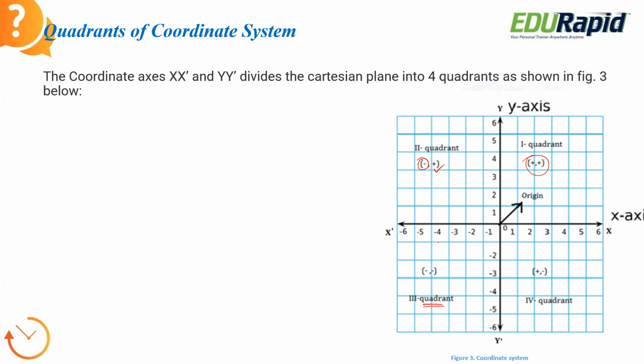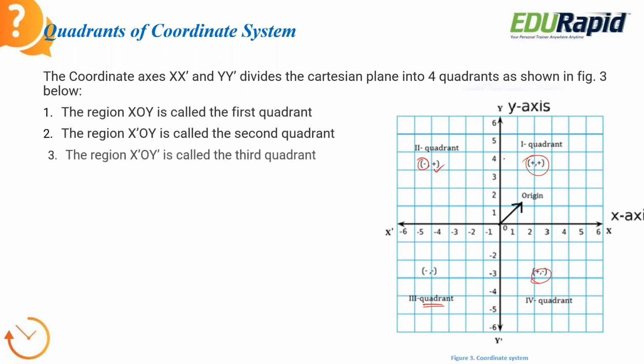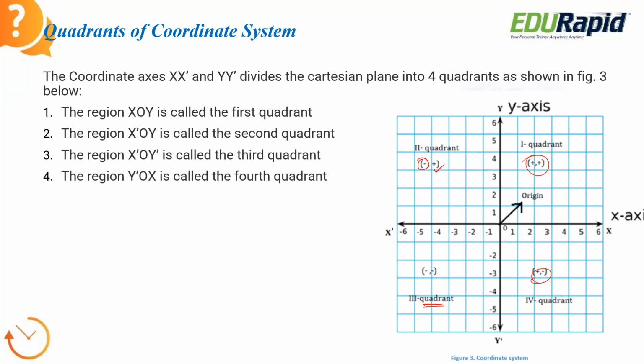In the third quadrant, both will be negative. X as well as Y are negative. And for the fourth quadrant, X is positive, but Y is negative. So these are the signs with respect to the quadrants in which they lie. You can see that. X, O, Y. This is called the first quadrant, then the second, third, and fourth quadrant.